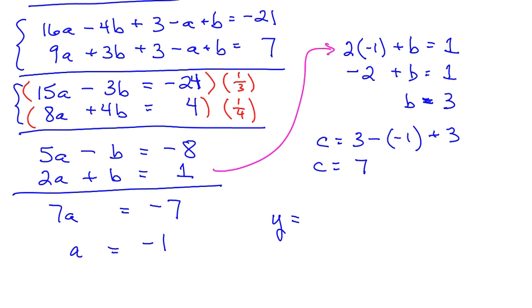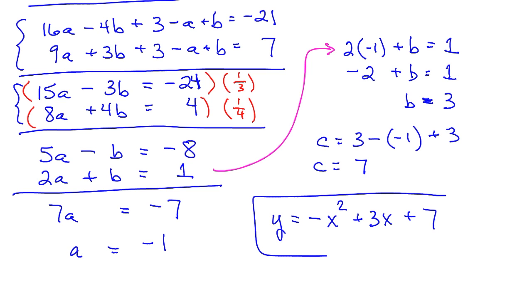So it was negative 1 times x squared. So that's negative x squared plus 3x plus 7. And so that is the quadratic that goes through all 3 points. There is this general rule in math that says if you need a function of degree n, you need n plus 1 points. So for degree 2, you need 3 points. That's exactly what you have.